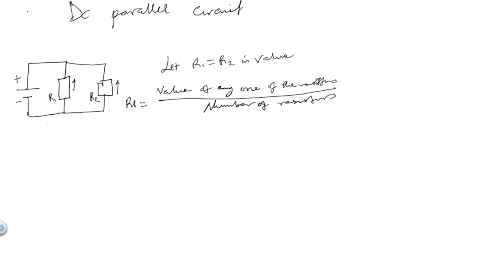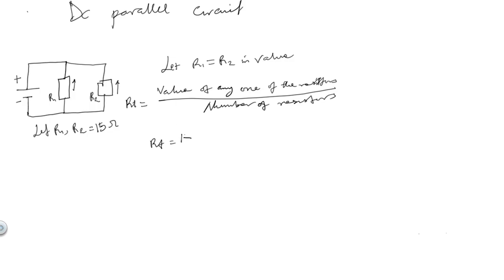Let R1, R2 be equal to 15 ohms. So when it's equal to 15 ohms, this formula holds. So let's say R total now will be equal to the value of any one of the resistors. This means that either the 15 ohms here or the 15 ohms here would be picked.